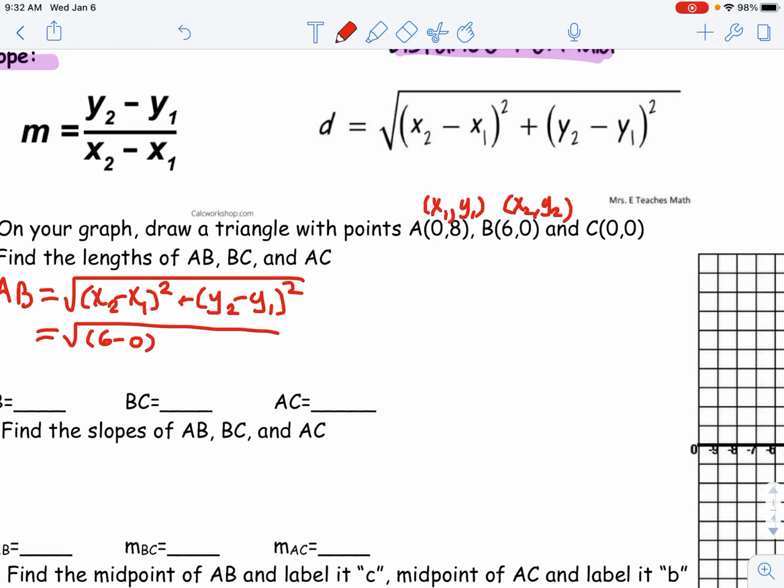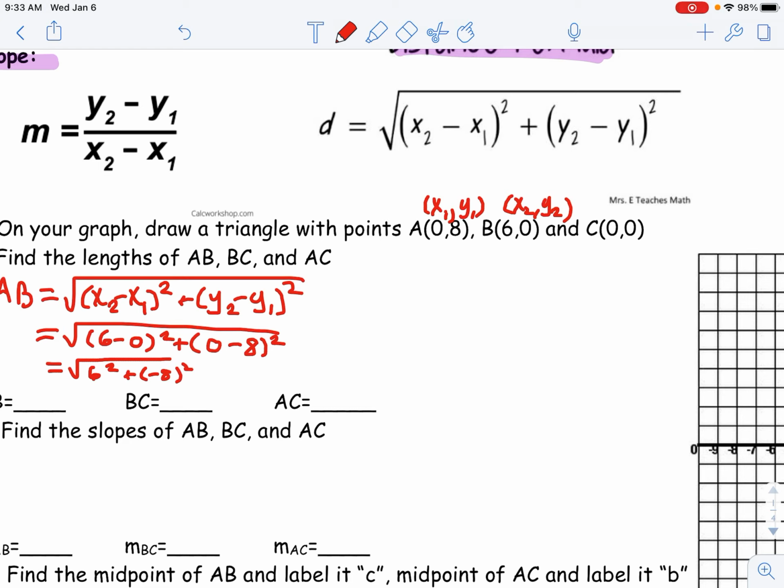I called x2 6, I called x1 0, so I plugged those in. I called y2 0 and y1 8. So remember the distance formula, plug it in, then it's just a bunch of calculations, and we must follow the order of operations. Parentheses first, so 6 minus 0, 6 squared. 0 minus 8, negative 8 squared.